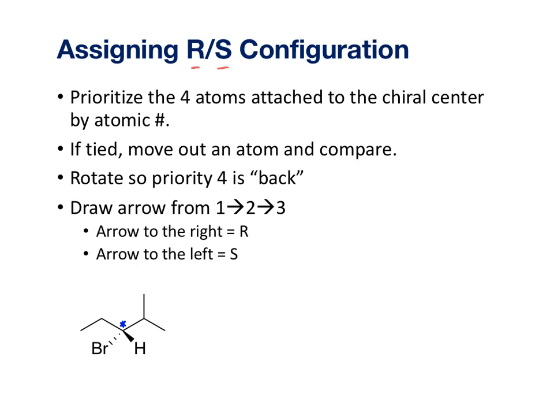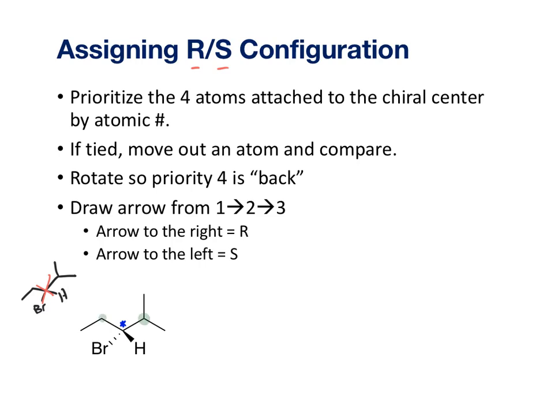And you have to be given a 3D to be able to do this. So if you were just given this molecule without 3D, you could not assign the R and S configuration to the chiral center. That's ambiguous. So we find our chiral center, then look at the 4 atoms attached to the chiral center.